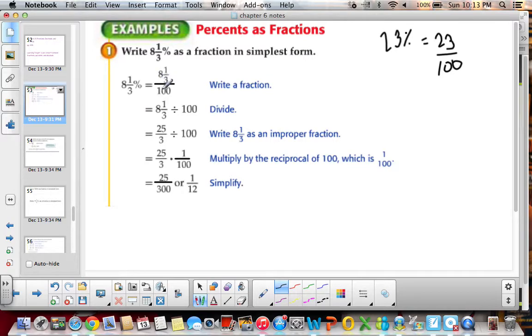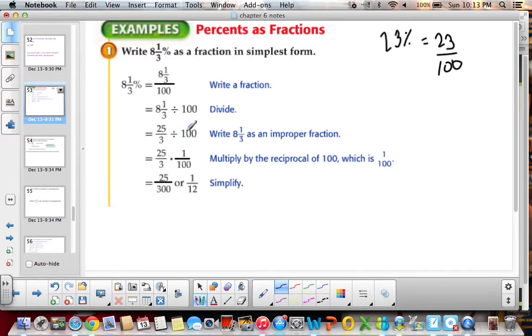So 8 1/3 over 100 is the same as 8 1/3 divided by 100, because this symbol right here means division. So now we can change our mixed number into an improper fraction. So 3 times 8 is 24, plus 1 is 25/3, divided by 100.